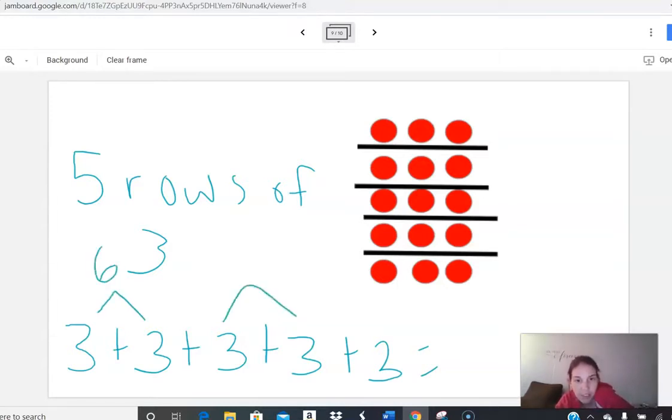And we have another doubles. 3 plus 3 equals 6. 6 plus 6 gives us 12. 12 plus 3 gives us 15. So no matter which way you add it, if you added by columns and you did 5 plus 5 plus 5, we got 15. Or you could add the rows and you would still get the same number, 15, okay?